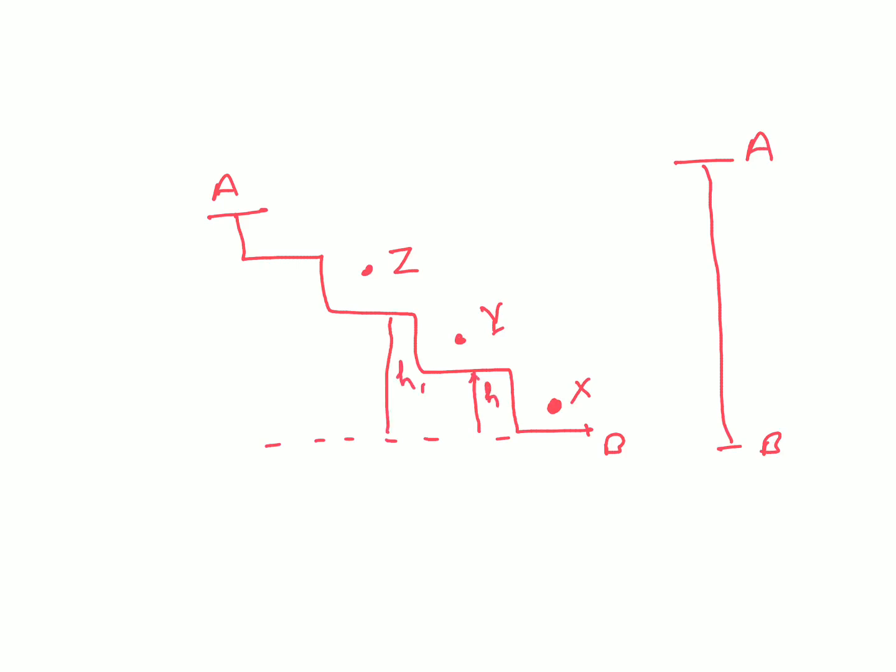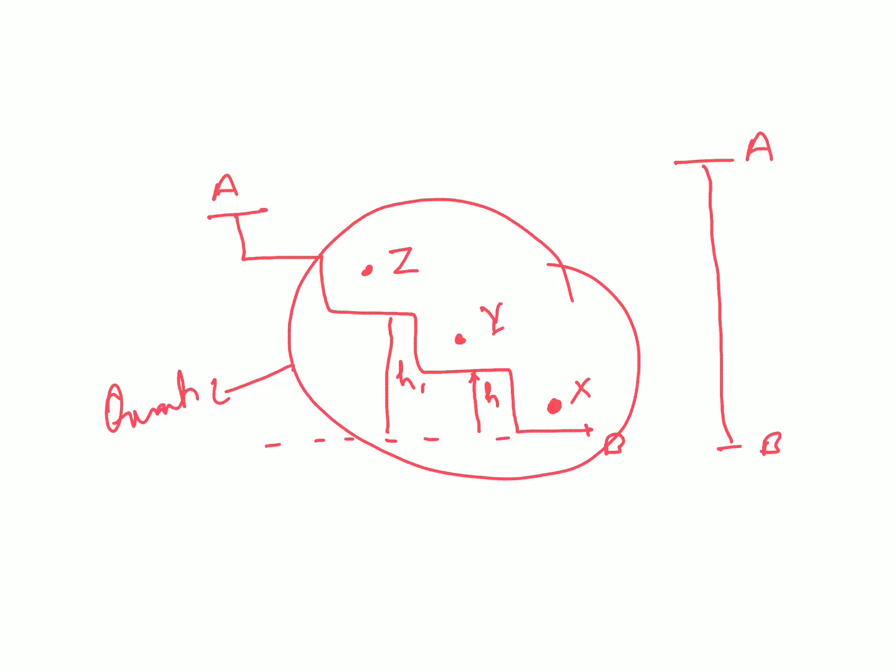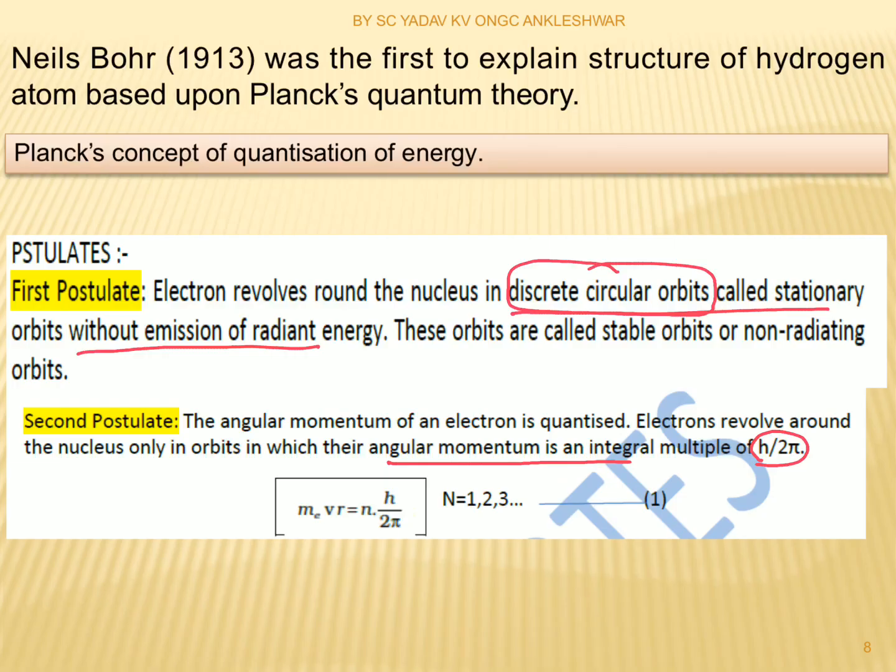For Y it is h1, for Z it is h2. So you know that the potential energy will be different at every position. So this is a quantized situation. Energy is quantized. But on the flat ground, in that case energy is not quantized. So quantized means energy is different for different levels.